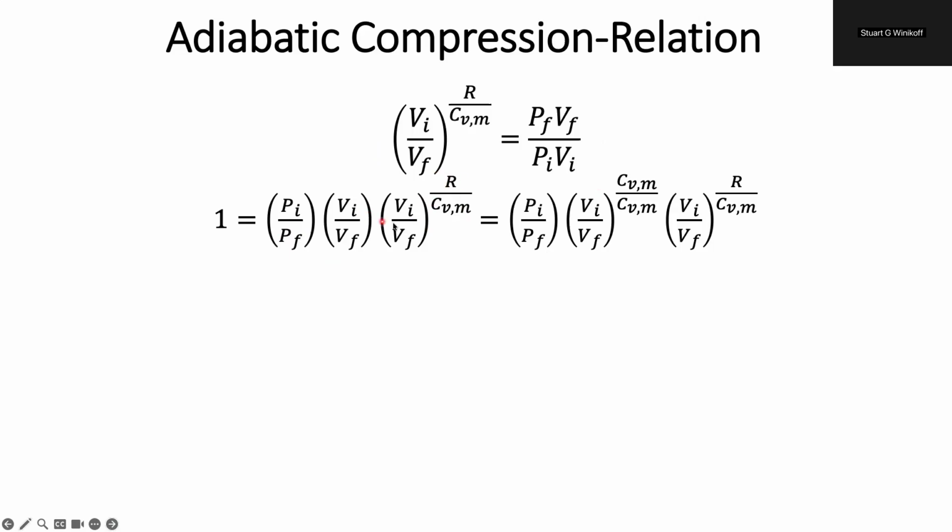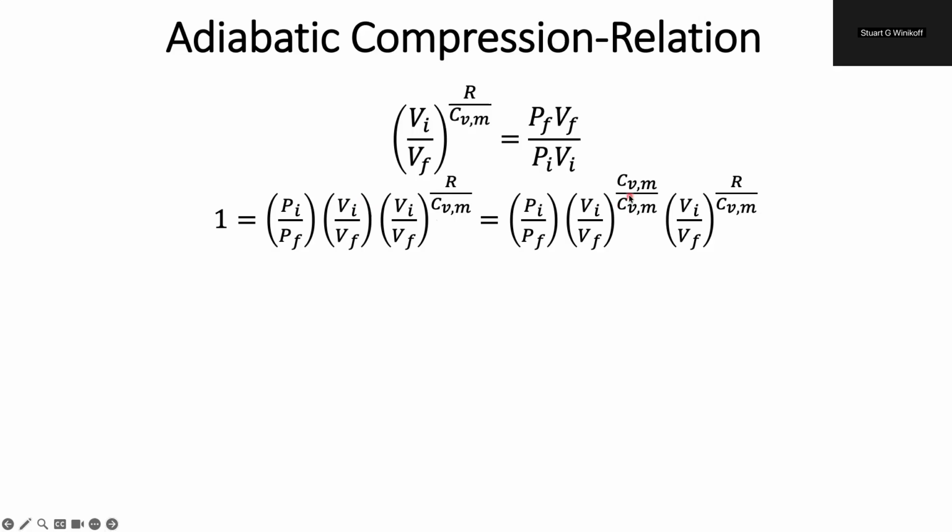Now, the problem is if I'm going to try and combine these two ratios of volumes, which I should be able to do, because notice we have final volumes on the bottom, initial volumes on the top. But to do so, they have to share the same denominator in the exponentials. So how we do this is we just say, hey, the exponential on this second volume term is just 1.